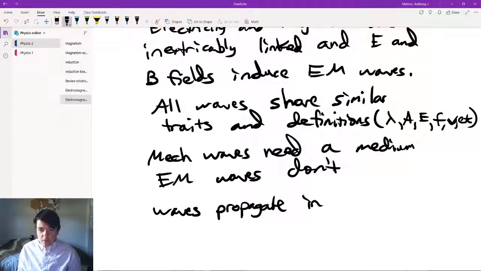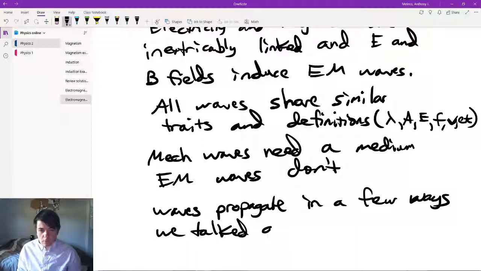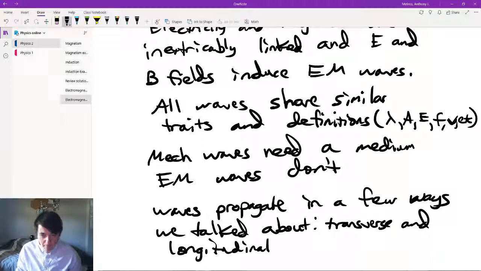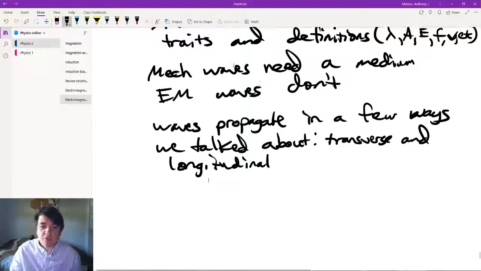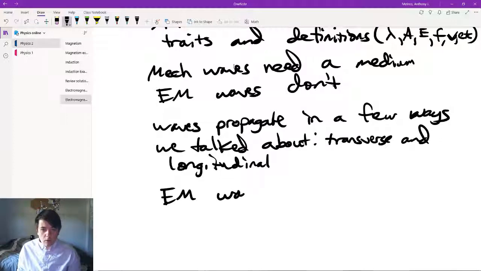Waves propagate in a few ways, and we talked about two of them. We talked about transverse and longitudinal. EM waves are transverse.